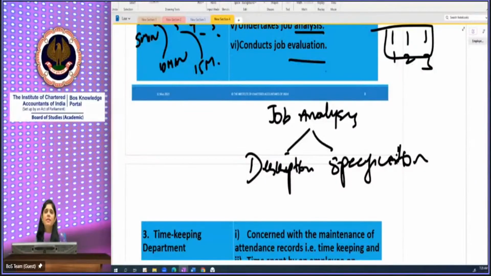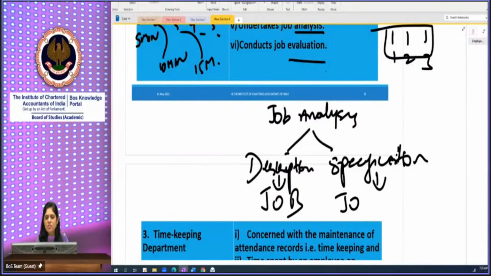So this is the description, exactly what is the role required for that job. So the detailed analysis of the description of the job is there in the job description. Job specification is what are the specifications required in the person who is doing the job. So one important difference is job description is about the job. Detailed analysis of the job.